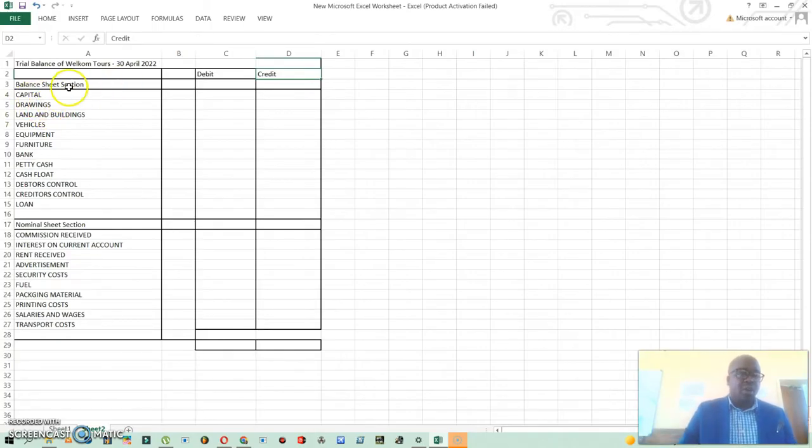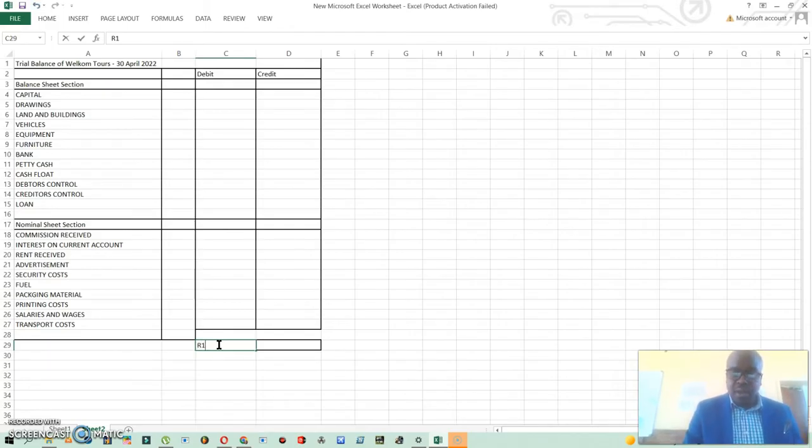Having written all the things that need to be under the balance sheet section and all the things that need to be under nominal account, I will then write this amount that I got from dividing all these amounts.